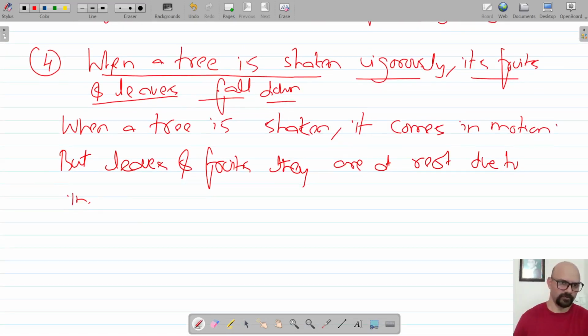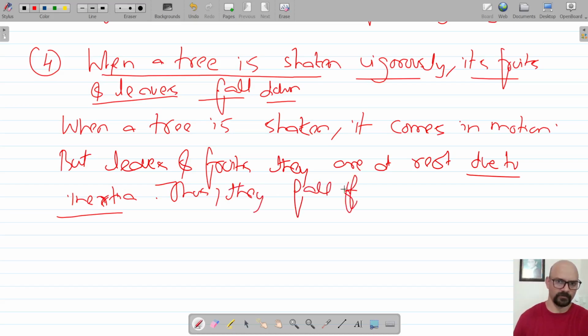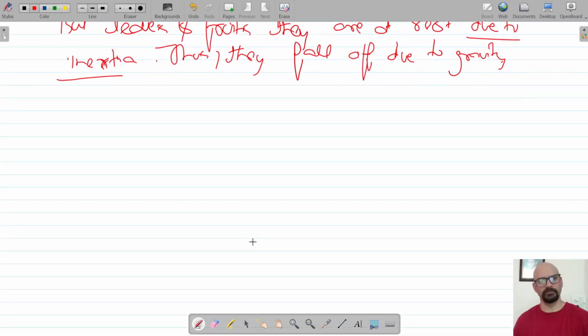So this is how you have to write an answer for this. Make sure to mention due to inertia in the answer, and thus they fall down to the ground, and the reason here is due to gravity. So we can explain this.